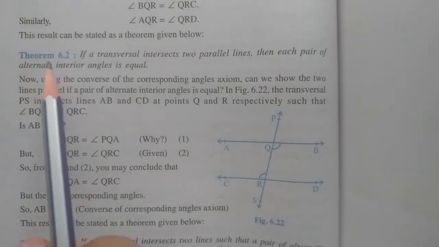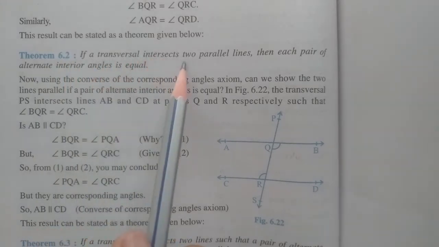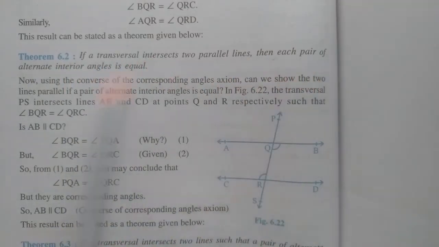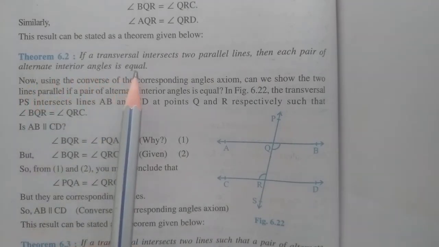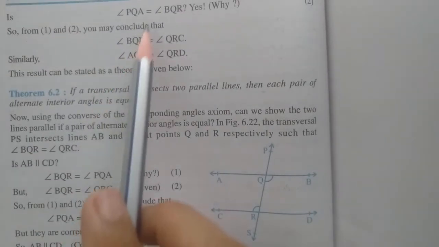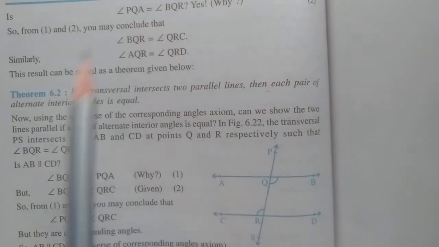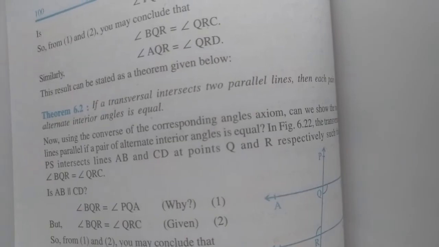Now children, here we have theorem 6.2. If a transversal intersects two parallel lines, then each pair of alternate interior angles is equal. Children, here the proof is given above this. Okay. So it starts from the previous page.